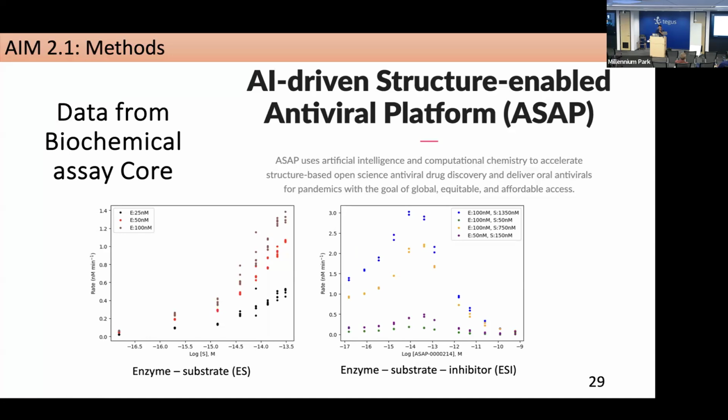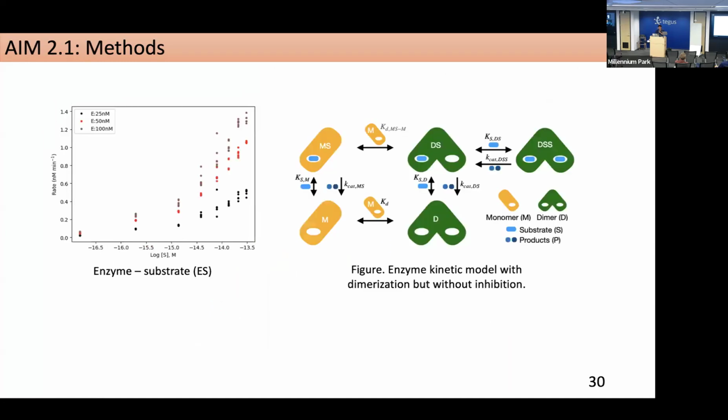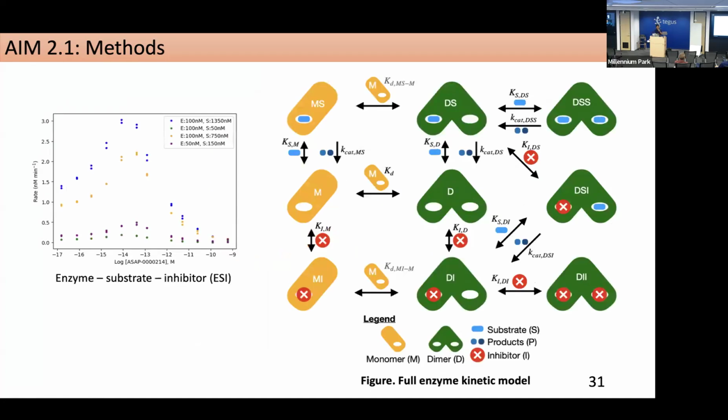On the right, they also have an inhibitor, or one of the many inhibitors. So we decided to fit a subset of our model to the enzyme and substrate data, so we don't worry about any of the parameters related to inhibitor binding. And then subsequently, we considered incorporating the inhibitor binding.